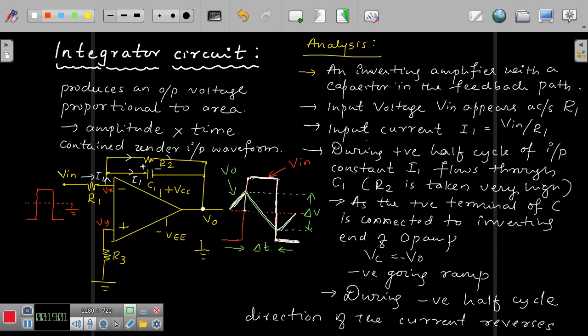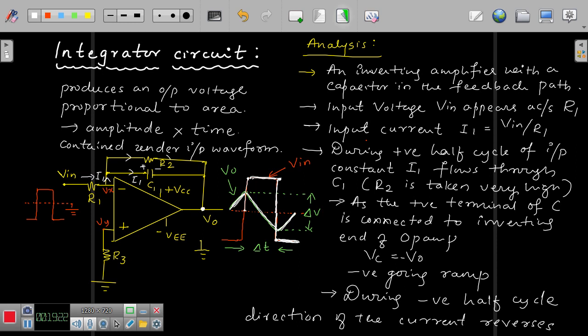So you have the negative going ramp from this point to this point, and now when you move in this direction, when you go from the positive to negative half cycle, right? So your output is going to be a positive going ramp, right?